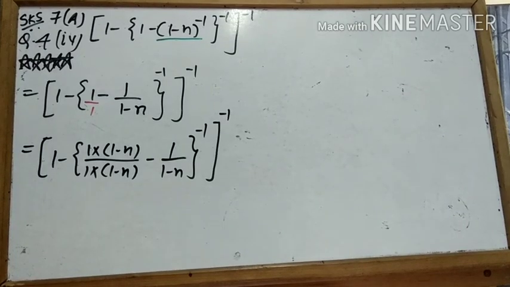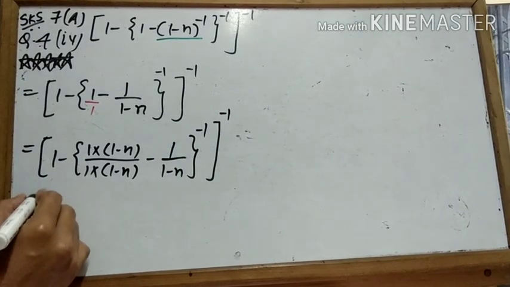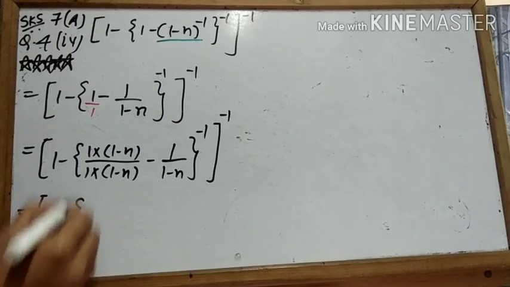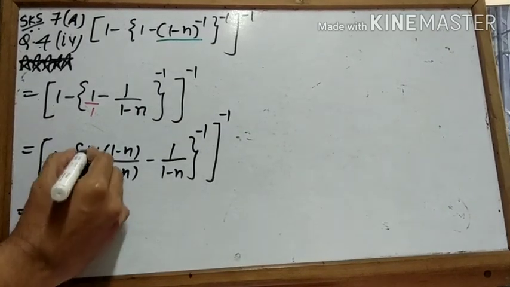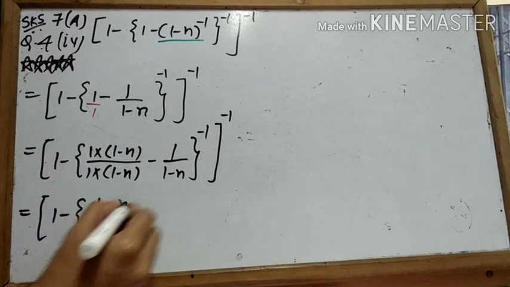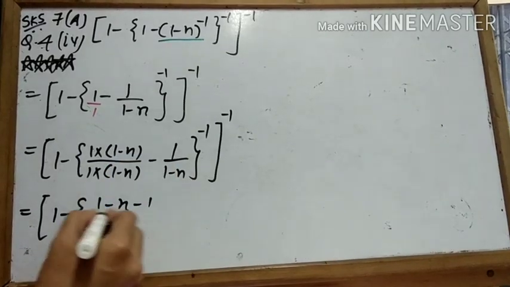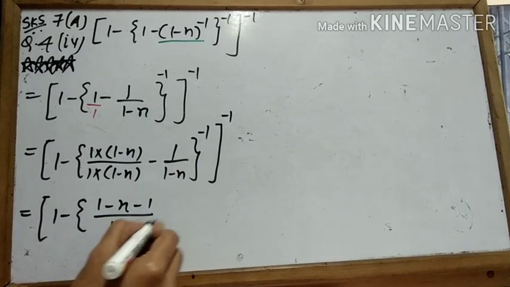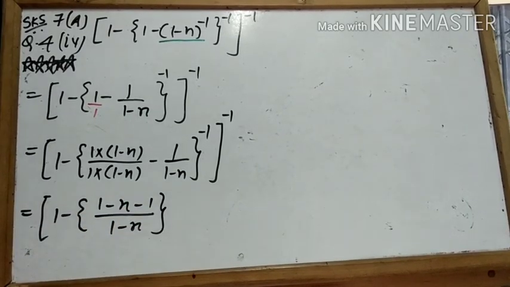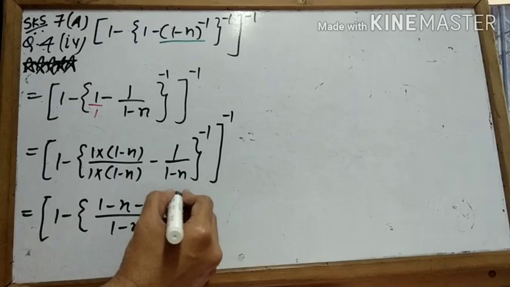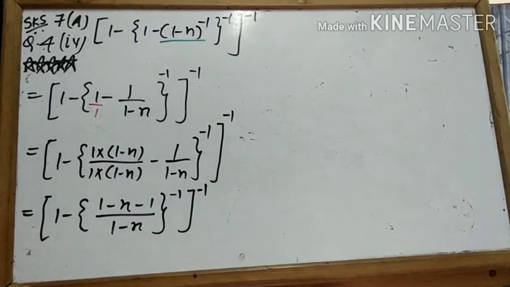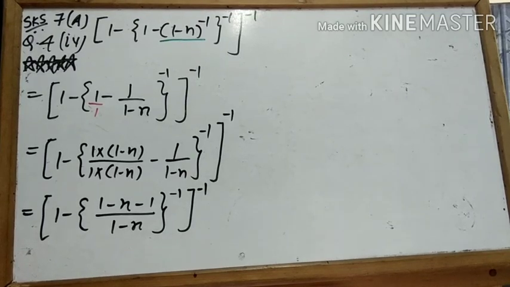Now as I told you, you have to be very careful in calculations. Square bracket opens 1, curl bracket opens, 1 into 1 is 1, 1 into negative n is negative n, minus 1 over, both the denominators are the same, that is 1 minus n. So I am writing it down as 1 minus n, whole raised to negative 1, square bracket gets over, whole raised to negative 1.